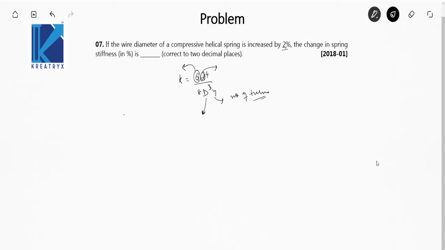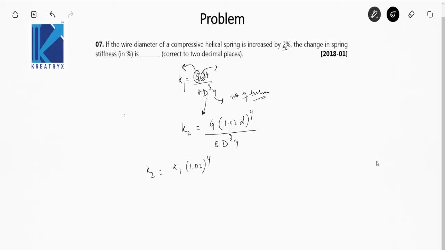So let this be K1, let this be K2. K2 is G into 1.02 d raised to the power 4 upon 8 D cube N. So the relation is K2 equal to K1 into 1.02 raised to power 4.